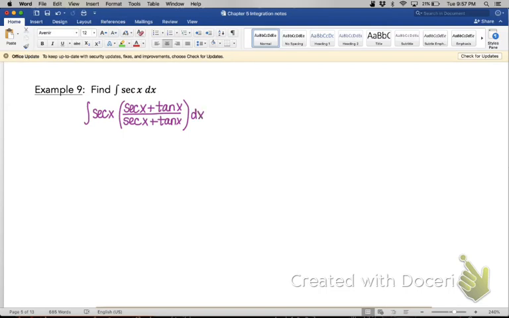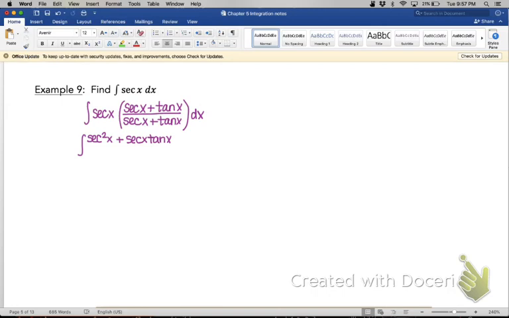Alrighty. It may not feel quite like we've gotten anywhere yet, and hopefully you get an aha here in a second. But so I'm going to go ahead and distribute out that secant of x. And so I end up with secant squared of x plus secant x tangent x.